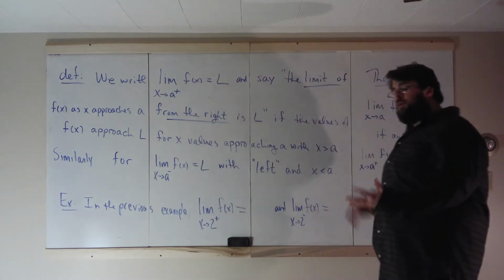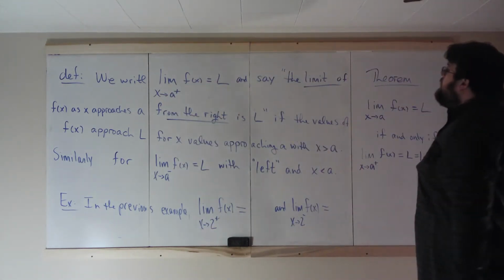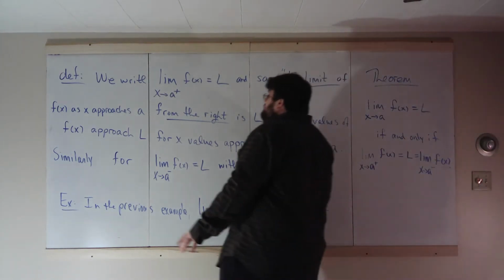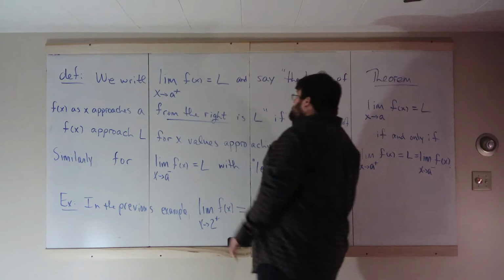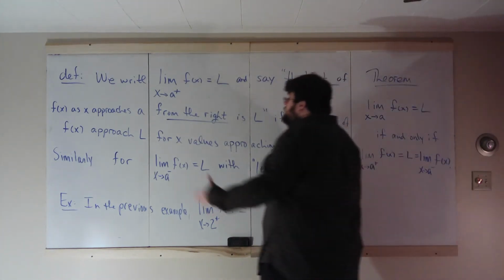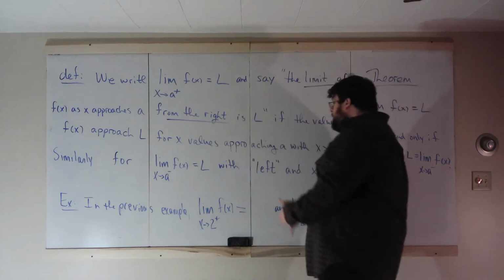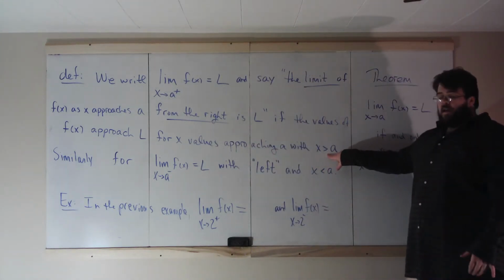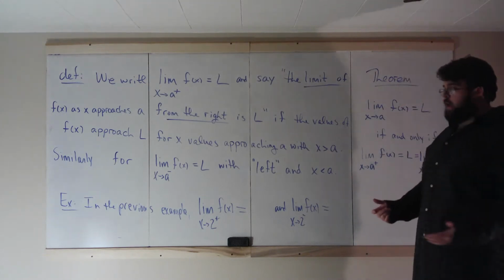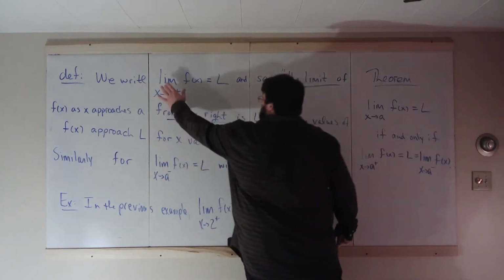It means we're looking at what happens to the right of a. So that limit is L, and we say the limit of f of x as x approaches a from the right is L if the values of f of x approach L for x values approaching a with x larger than a. So we're just looking at the right of a for this limit.